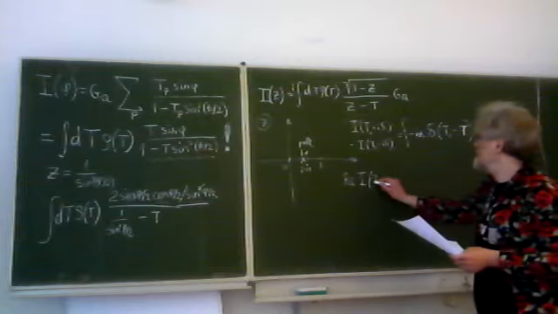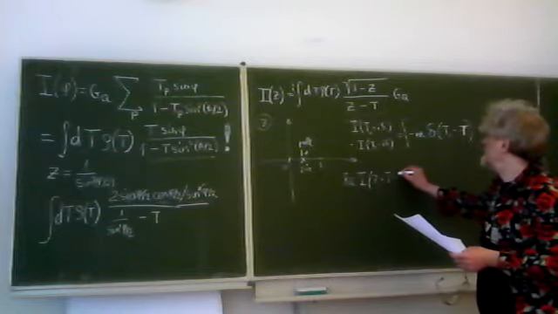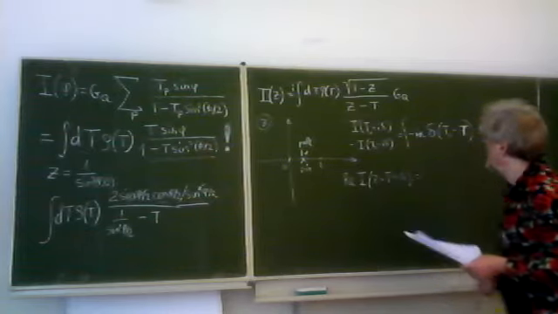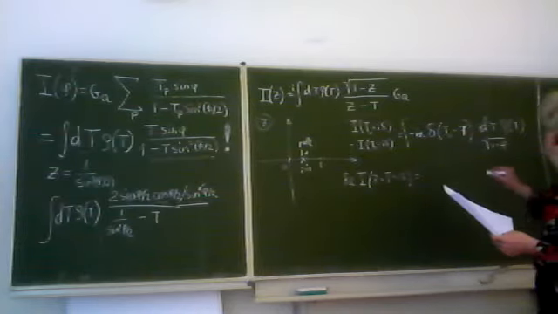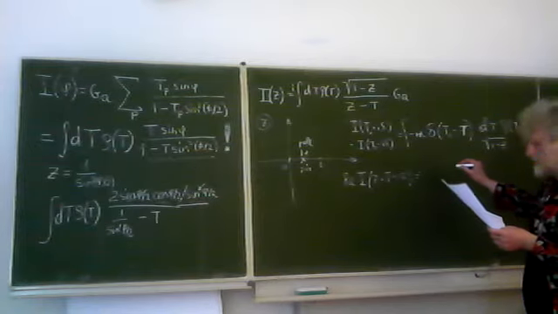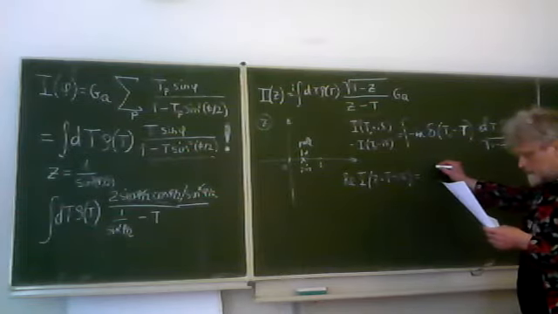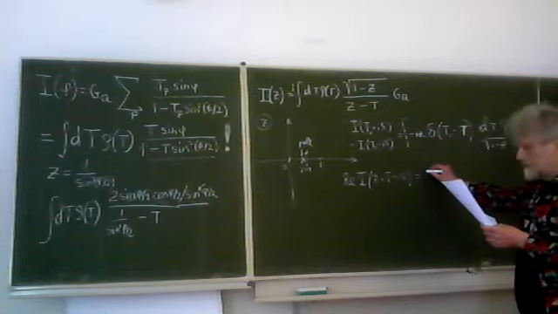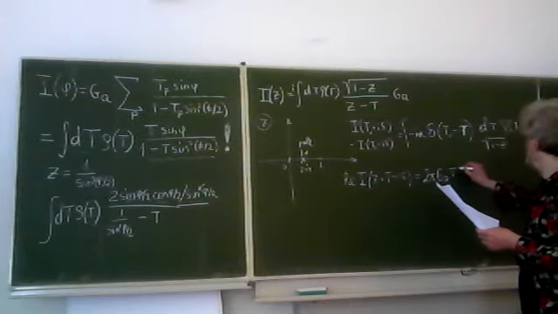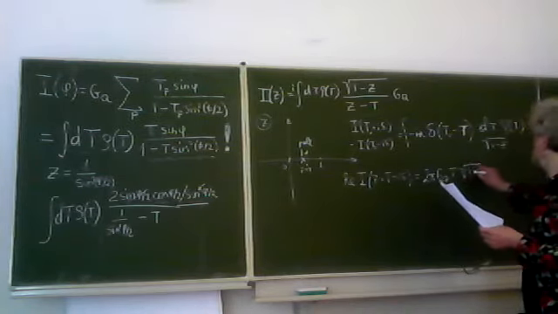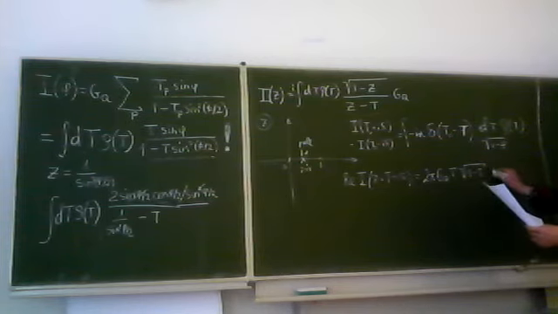I put it here, z equals t plus I is eventually, I just look at the formula which is given there. 2 pi gq t, square root of 1 minus t. Real part.